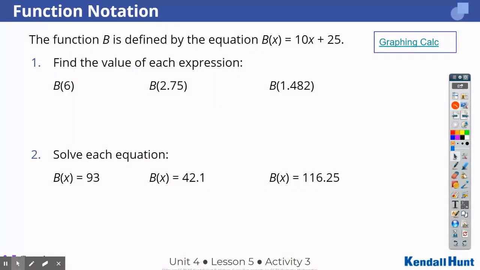All right, so there's another way that we can look at this, and that's through graphing, because we're talking about gigabytes of data, and sometimes those aren't all cut and dry numbers like 6 or 2 or 3. Sometimes they look more like 1.482. That might be a little more gruesome if we had to do it by hand all the time.